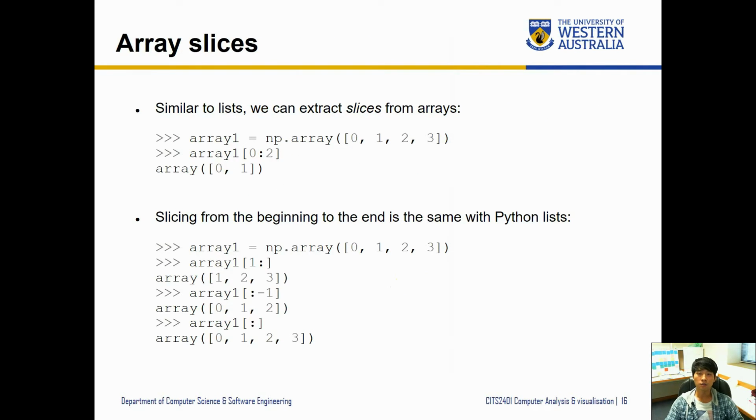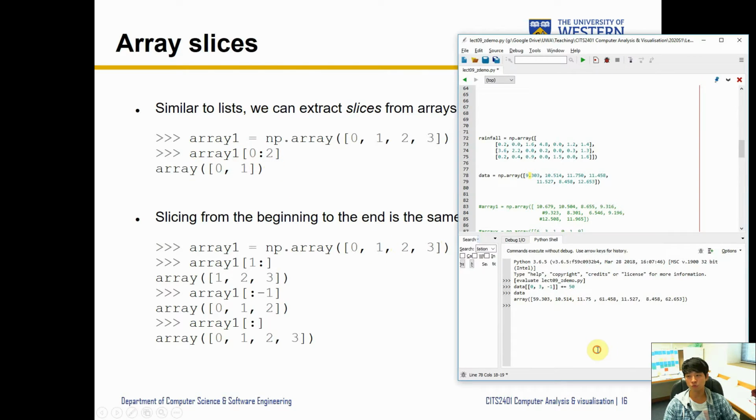All right, so slicing lists is to get a subset view of the array that we have. This is similar to Python lists, but as we handle multidimensional arrays, it becomes much easier to use. For example, array 1, we can do the same.